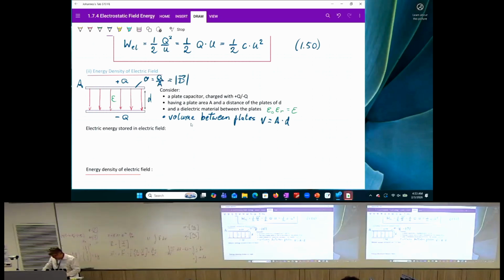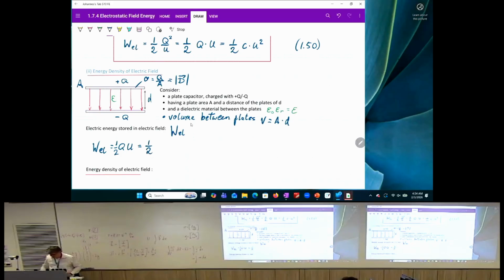We have computed in the previous setup how much mechanical energy we have to put in, and also concluded that this is the electrical energy which is stored in the capacitor. That electric energy is Q times U, charge times voltage, and there's a half missing.